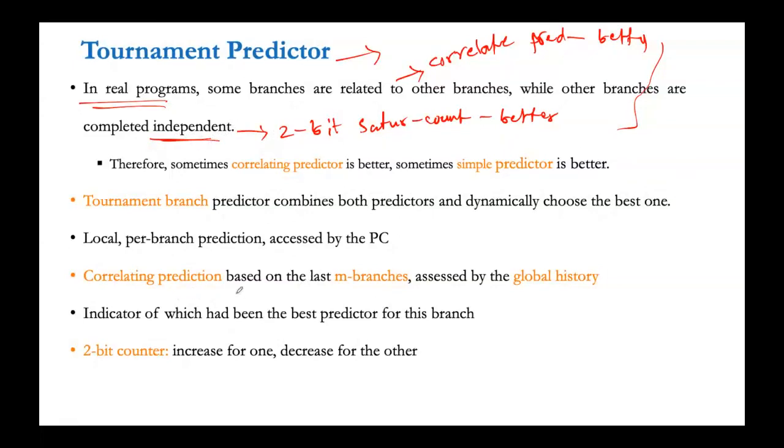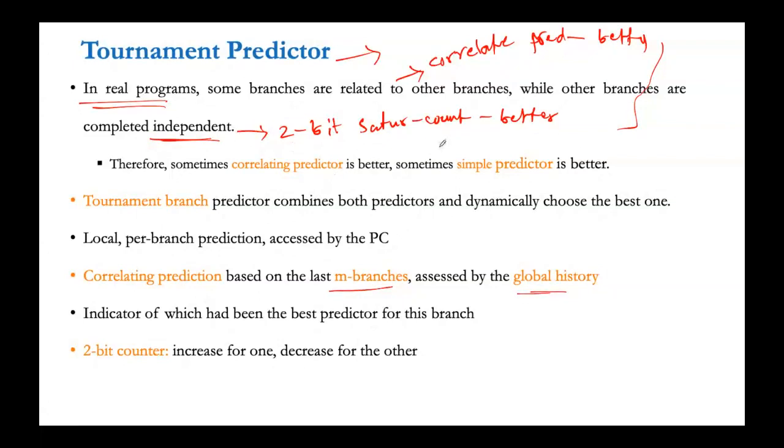Correlating predictions are based on the last m branches, which are accessed by the global history. The indicator shows which has been the best predictor for this branch. If the branches are simple, independent branches, the tournament works through the 2-bit saturating counter.